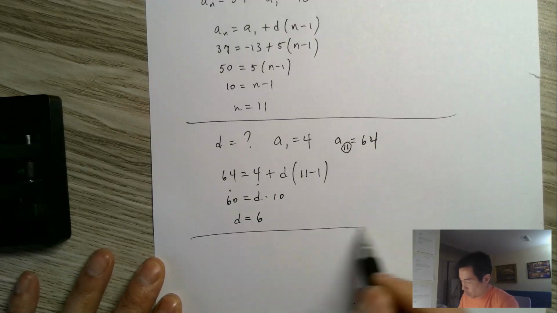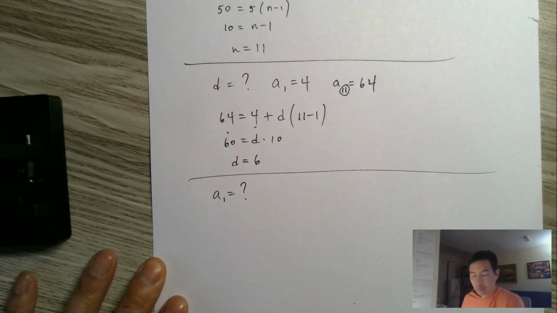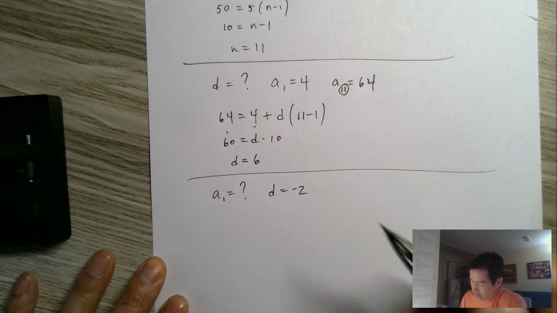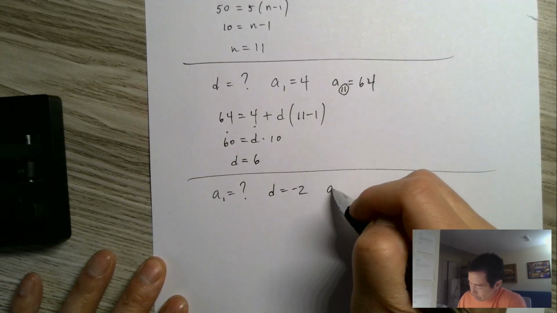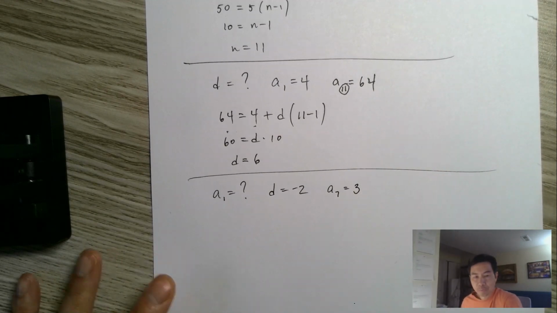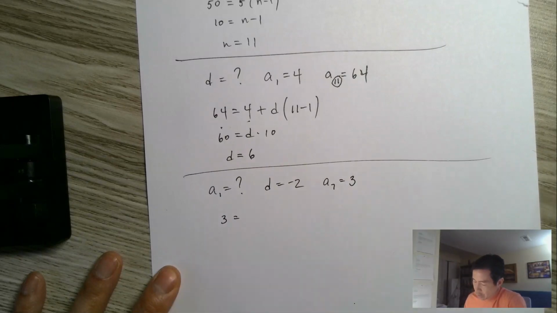And I guess we'll do one last one. Let's say I don't know the first term in the sequence, but I do know the common difference is negative 2, and I do know that a sub 7 is 3. Okay, so a sub 7 goes there. A sub 1, I don't know at this time.